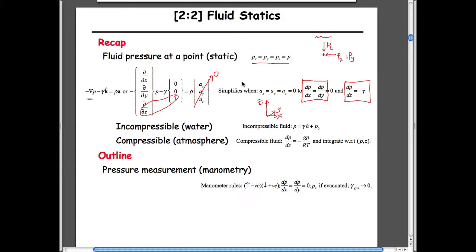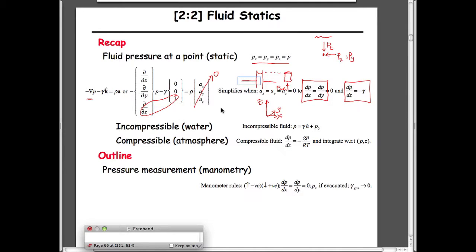We did say it when we did it, but if you remember when we talked about a capillary tube, what we did to analyze that was we basically took this and we cut it off at the base, and we said that the pressure acting here is atmospheric.